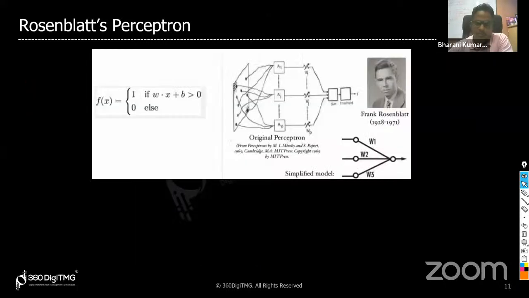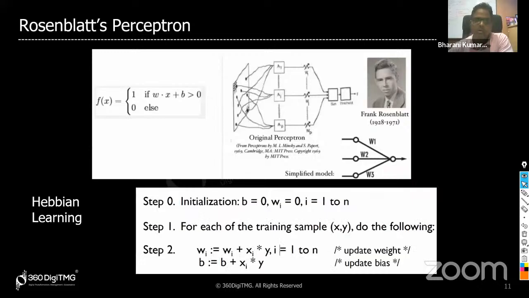Now a person by the name Rosenblatt came up with an algorithm called the perceptron algorithm. In the perceptron algorithm, you will have an input layer and an output layer. That's it. And you'll have a single neuron in the output layer. That is all it is. This is called the perceptron algorithm.